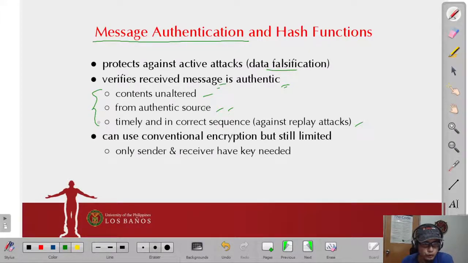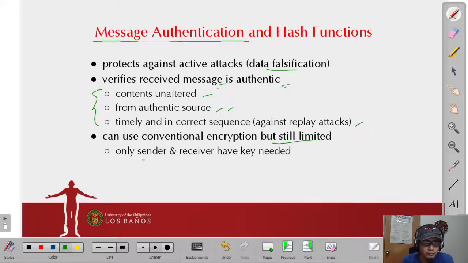To accomplish this message authentication, you can actually use conventional encryption, symmetric encryption, but it is still limited.